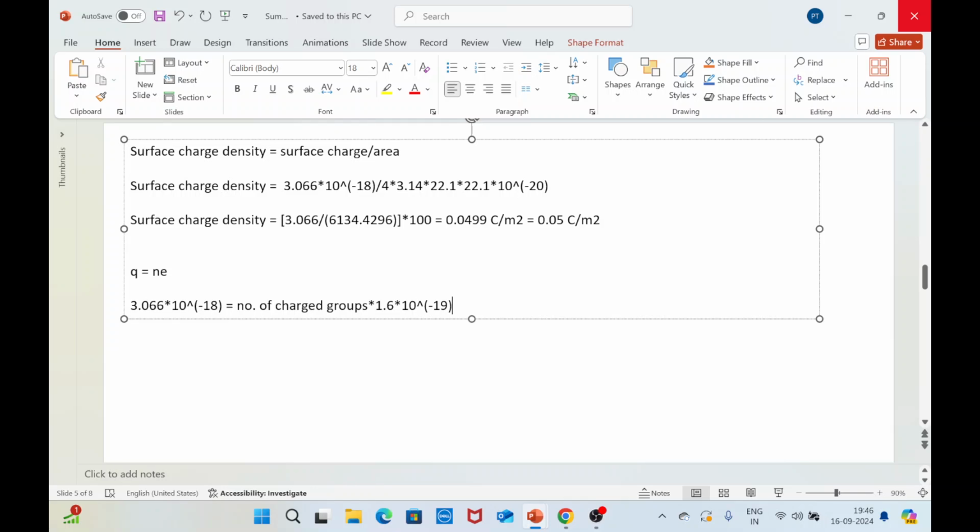Q equals N times E. N is the number of charge groups and E is the electronic charge carried by one group.